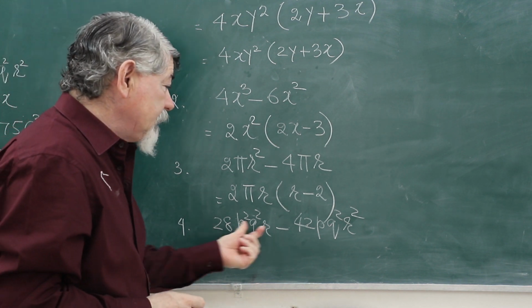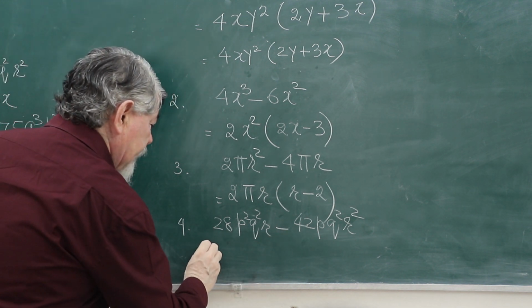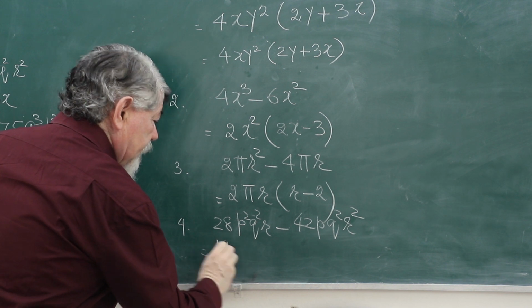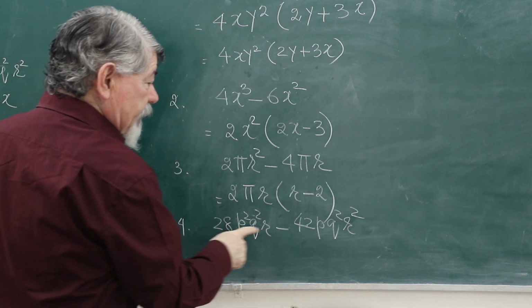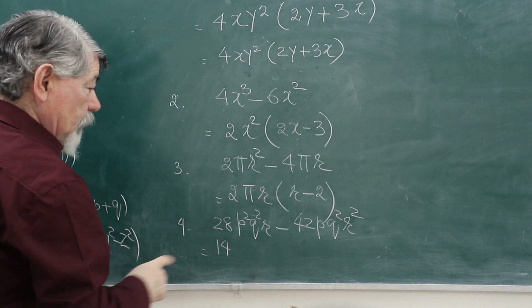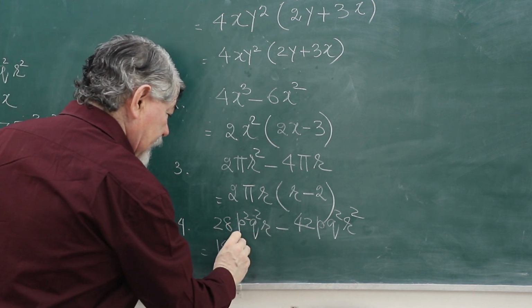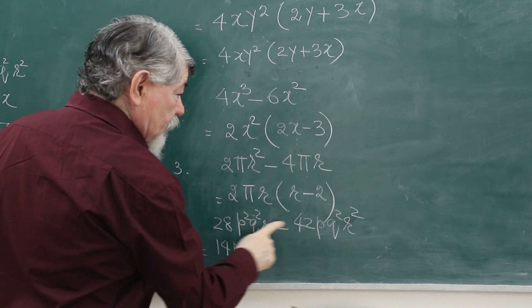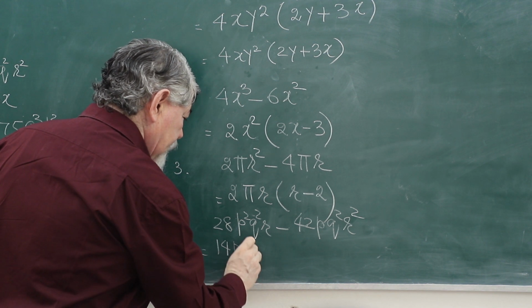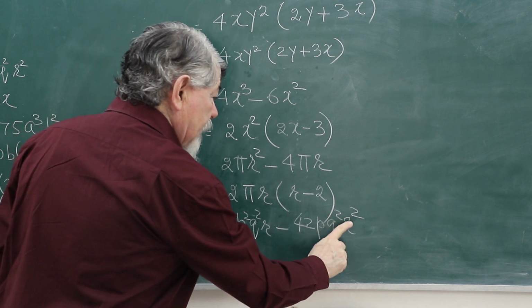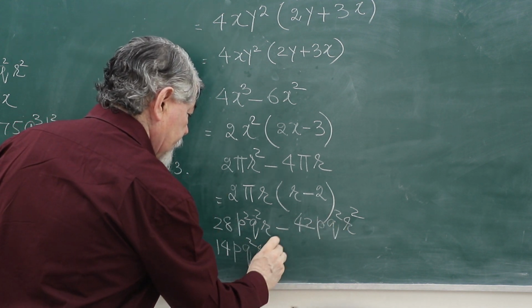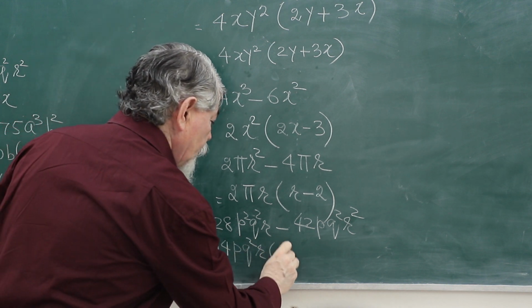Out of 28 and 42, I can take 14 common, which is actually 14 2s are 28, 14 3s are 42. Out of p square and p, I'll take p common. Out of q square and q square, q square can be taken out common. Out of r and r square, r is common. Now what will be left here? 2.